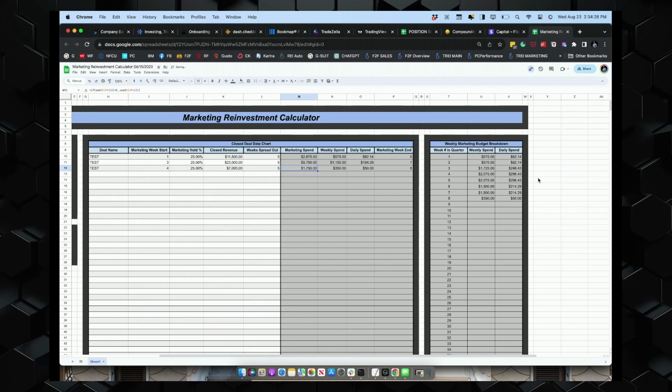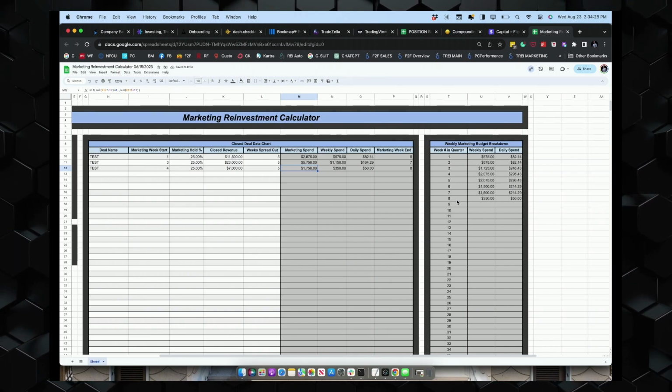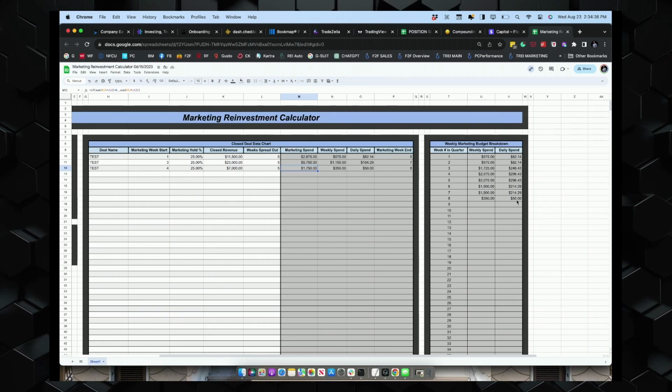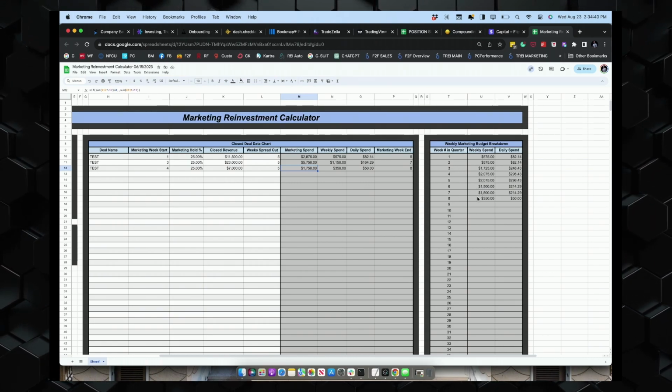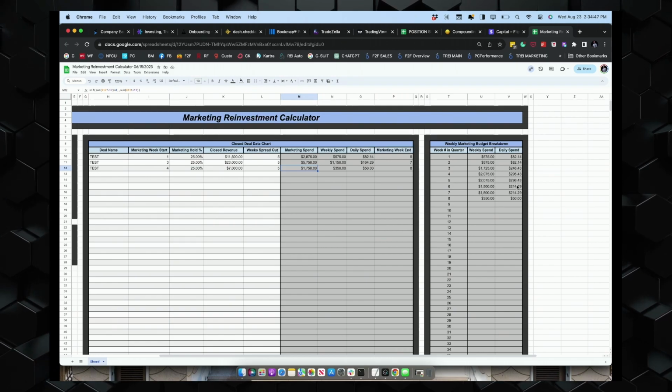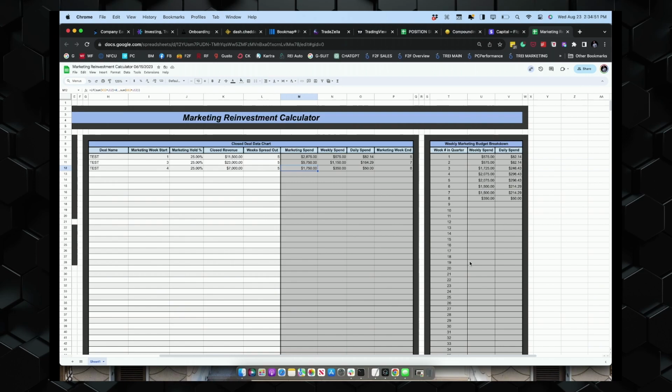And now on the 8th week, you go to 214, 296, 246, 296, 214, down to 50. So now we know we've got 8 weeks of marketing going on. You might be in the third week right here, and now you want to continue to keep getting deals closing and pushing out that marketing.